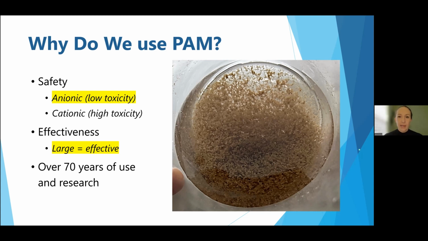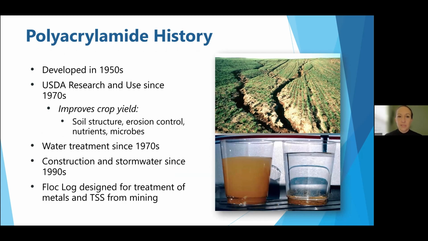The other benefit of PAM is that it's not a new chemical, it's not a new material. It's been used and researched in a number of different applications for over 70 years now. Polyacrylamide was first developed in the 1950s, and the USDA specifically has done a lot of work with it, mainly since the 1970s.